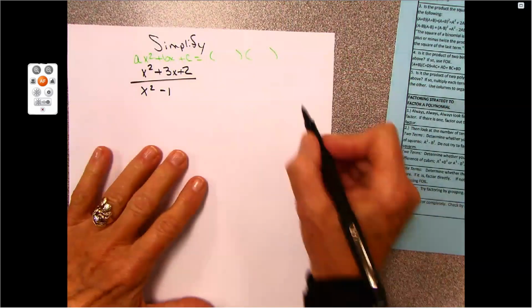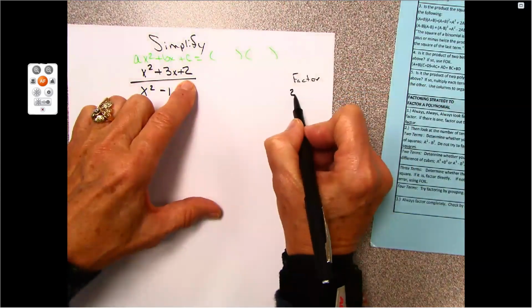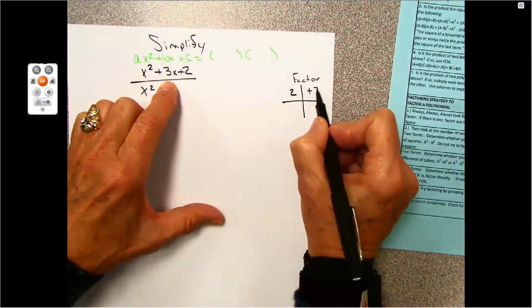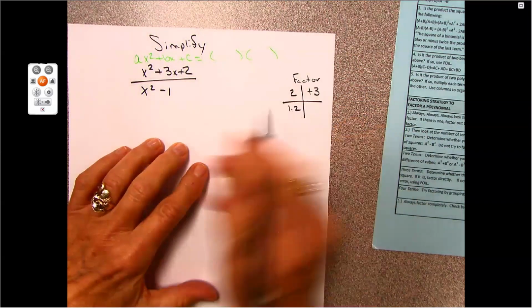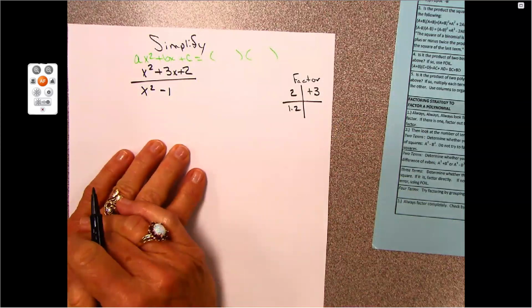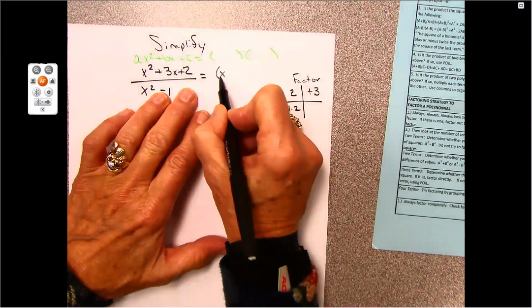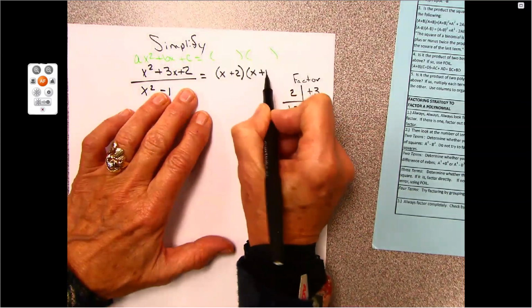So I'm going to use my factor table and factor the constant 2 and find factor pairs whose sum is plus 3. So I guess factoring 2 is 1 times 2. I'm going to factor this as (x plus 2) times (x plus 1).